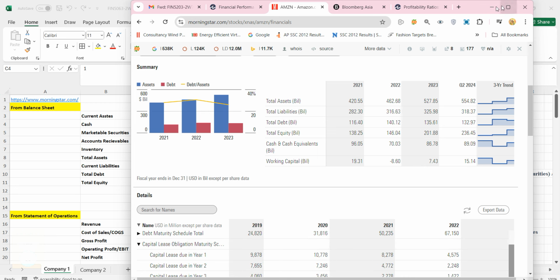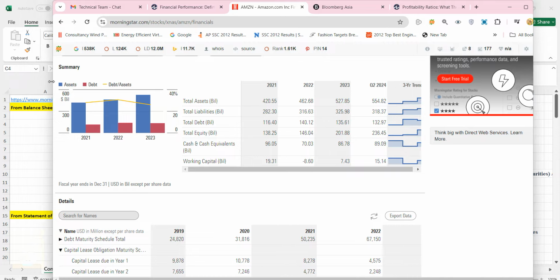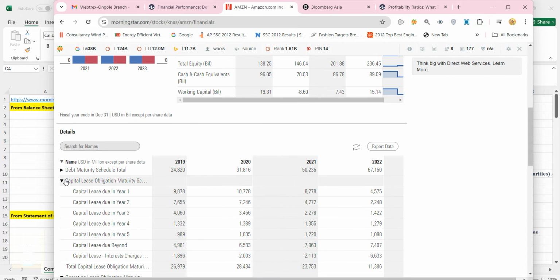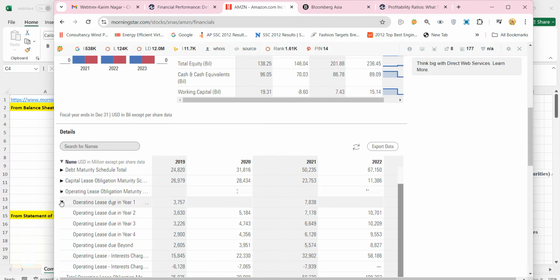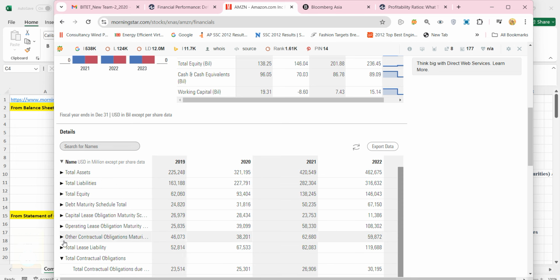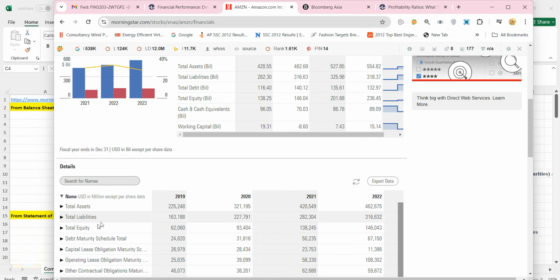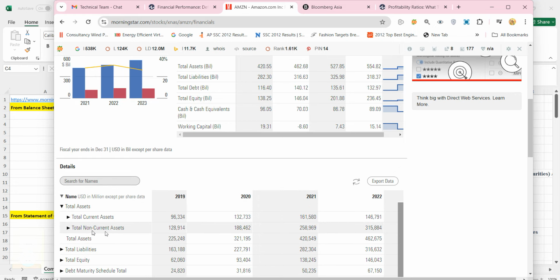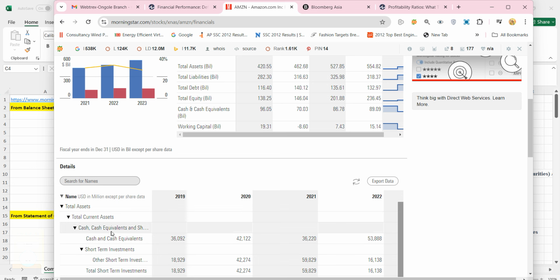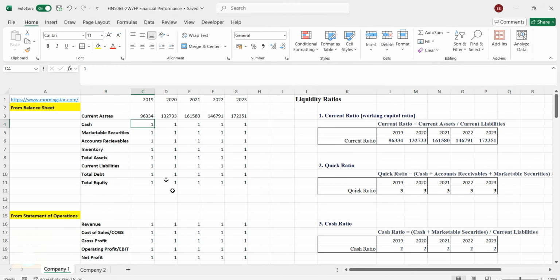It will be easy for you to get data directly. Capital lease, minimize; operating lease, minimize; try to minimize everything. Now this is actual. Under total assets, open current assets and cross check cash. This is cash and equivalents. Just take the values of cash and equivalents under total current assets.